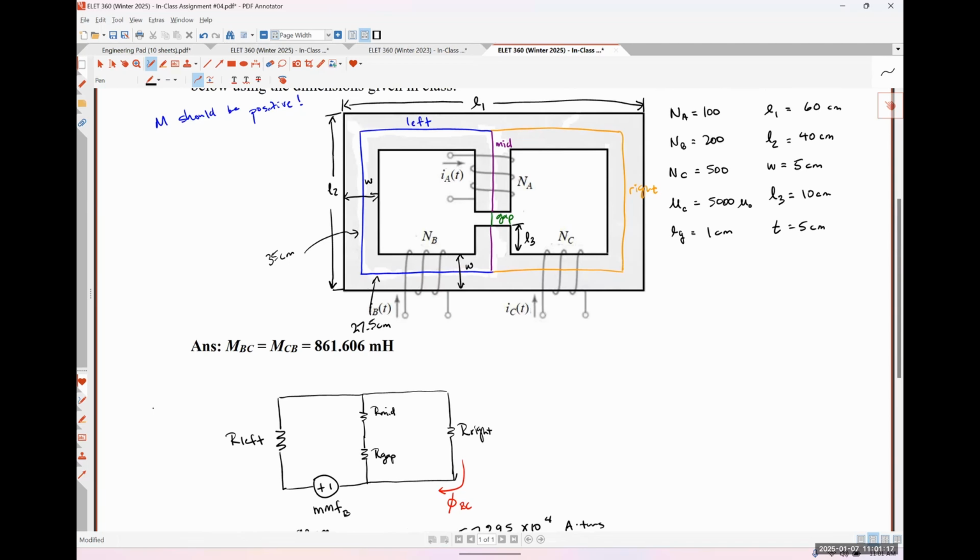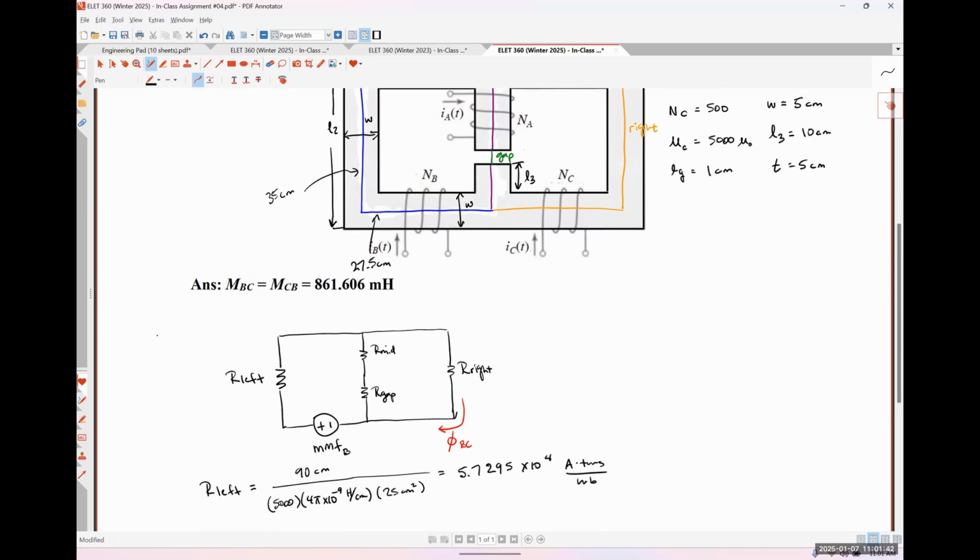Anybody have any beef with that? Probably isn't, but I either made a mistake there or we made a mistake here. So which one did we make a mistake on? Yeah.